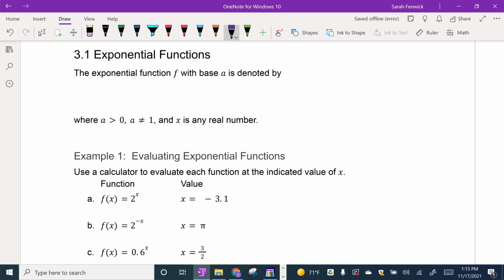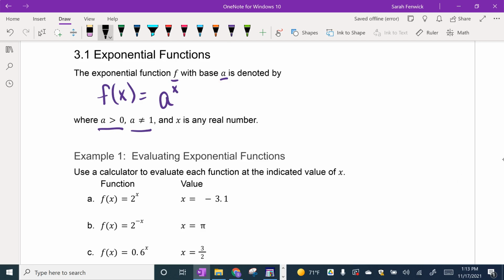But in this case, the exponential function f, here's my function, with a base a as a power of x, is denoted by this that I just drew, where a is greater than 0 and a cannot equal 1. Okay? A is greater than 0 and a cannot equal 1.